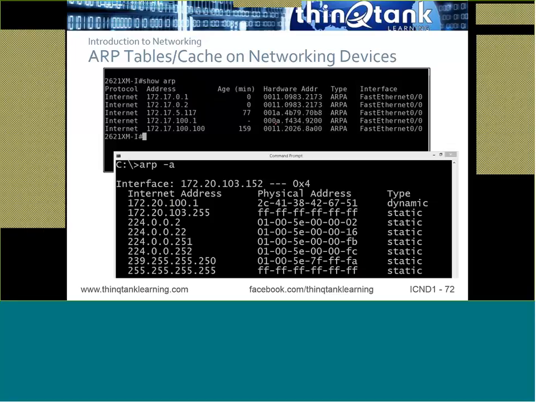Anything with an H is something I learned from somebody else. Anything with a dash is a MAC address tied to that specific interface. Just a little tidbit of information. And what does it mean by the type ARPA? ARPA is Ethernet 2. Yeah, that's how it's defined in a Cisco router. Ethernet 2 encapsulation is ARPA. All right?